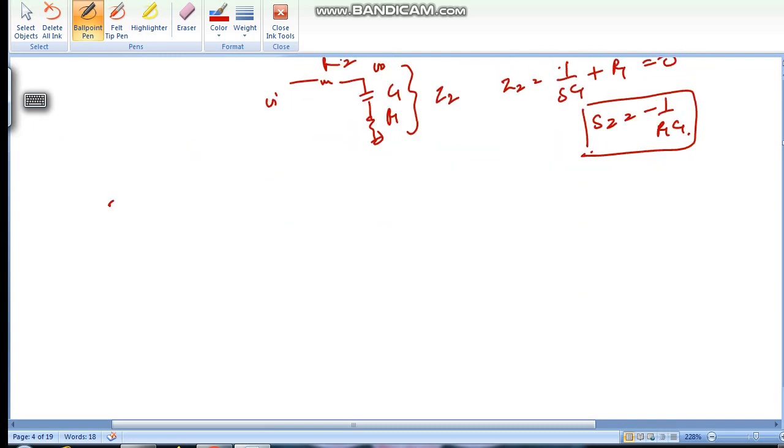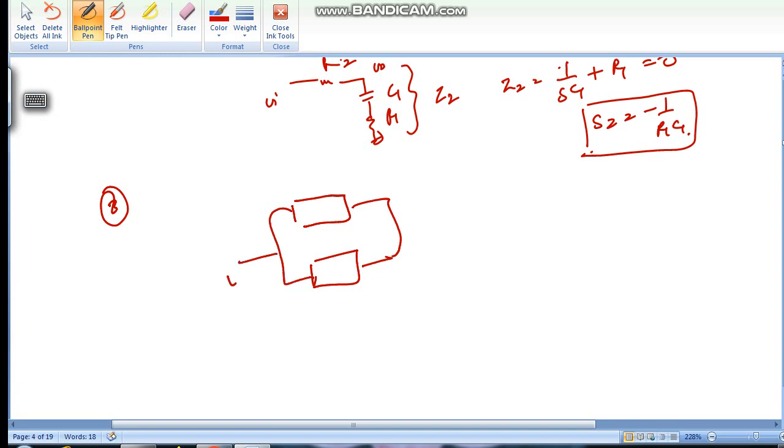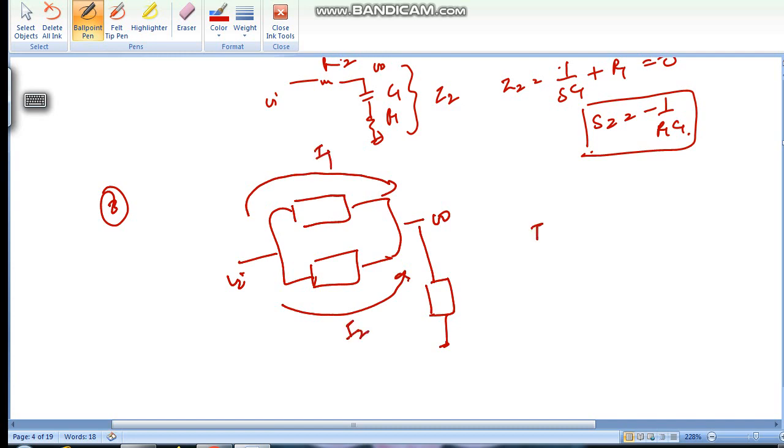Now the third point, if there are two paths from input to output, from this path and from this path, say this is current I1, this is current I2, and I1 equals I2, both will cancel each other.